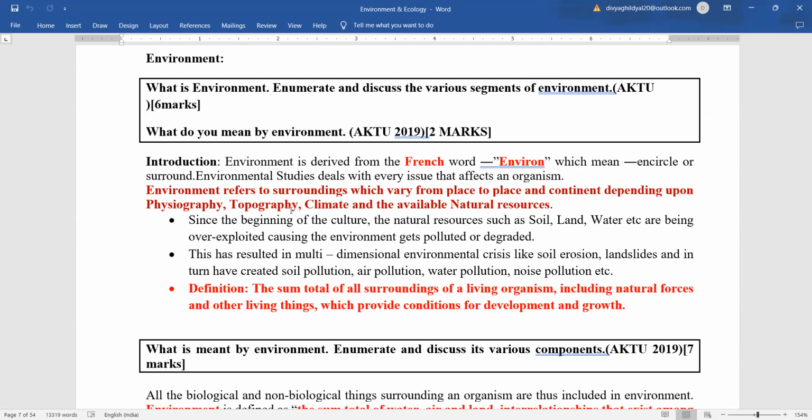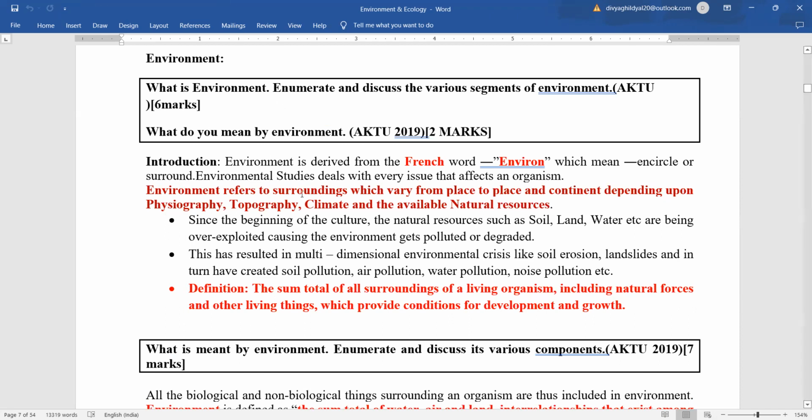It consists of water, land, etc. All these things which are surrounding the earth, responsible for the availability of natural resources and human life, come under the study of environment. So environment refers to surroundings.